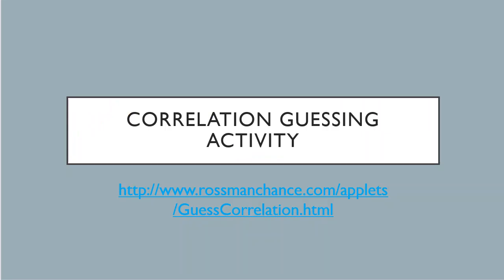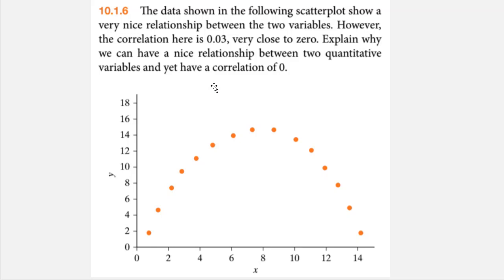That's kind of fun. The last thing I want to say is there's a homework problem here from the book. It shows there's clearly a pattern to this plot of data. But if you did a correlation on it, it's 0.03, almost 0. So what it's saying is that correlation only measures a linear relationship, and this is not linear.